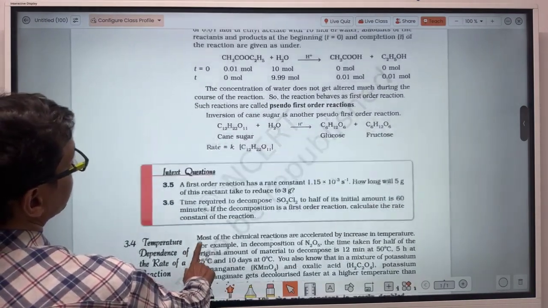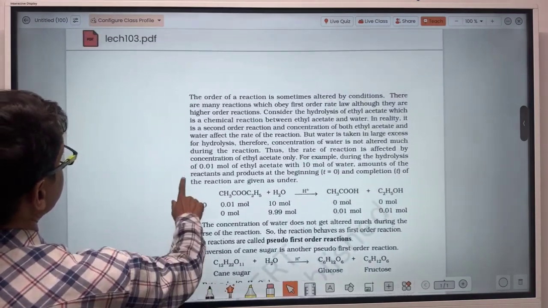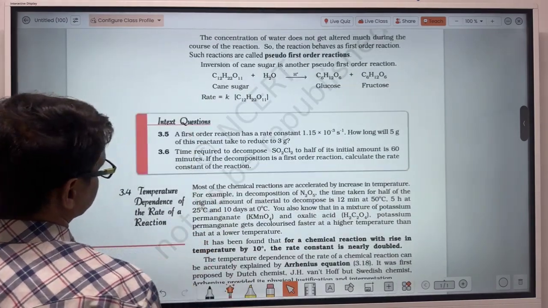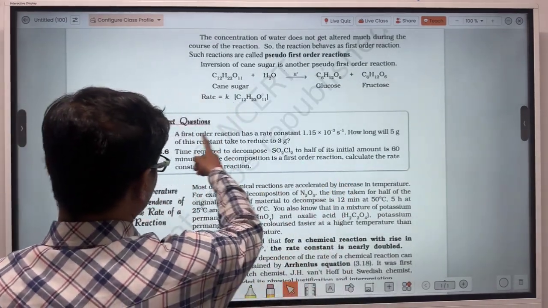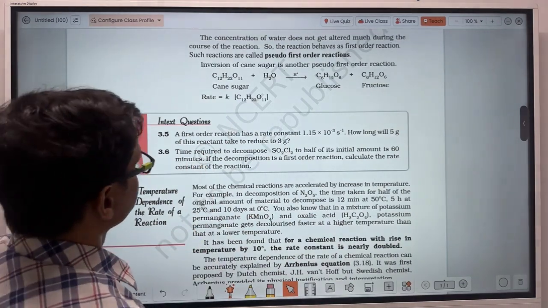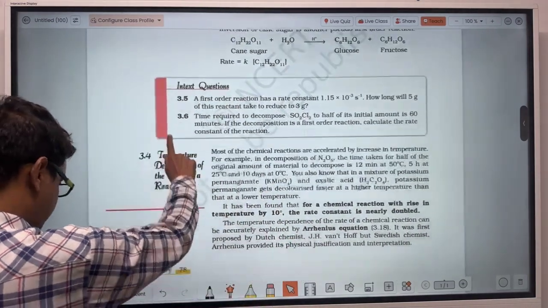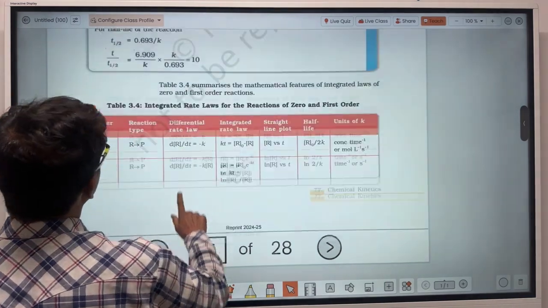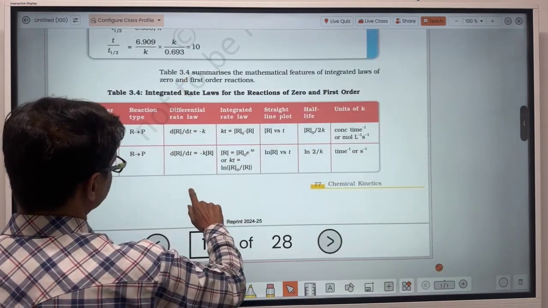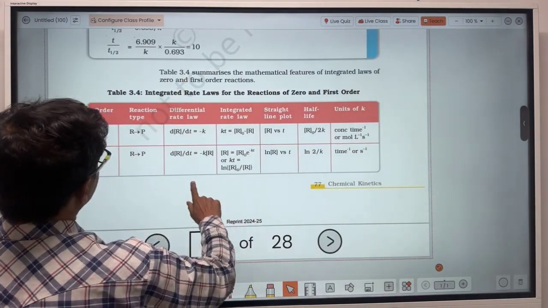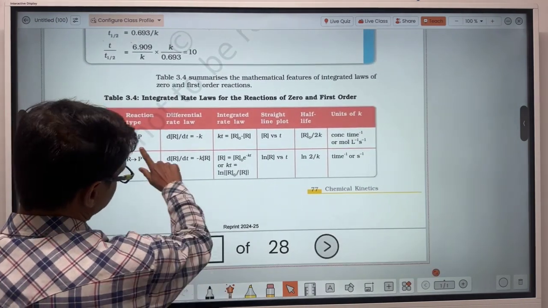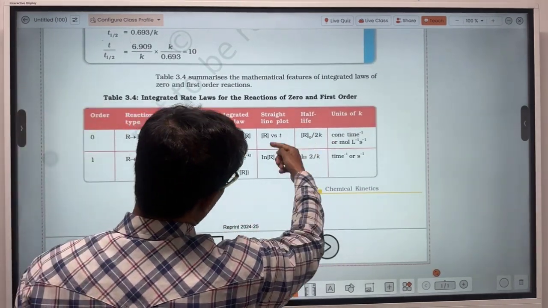Let's see questions 3.5 and 3.6 about the pseudo first order reaction. This one we have already discussed.